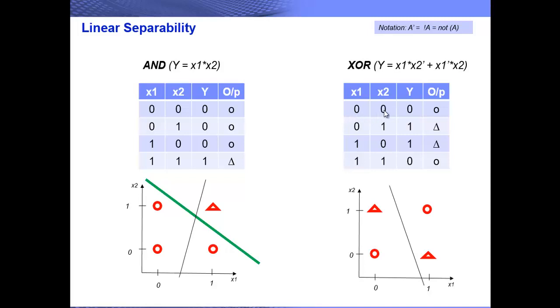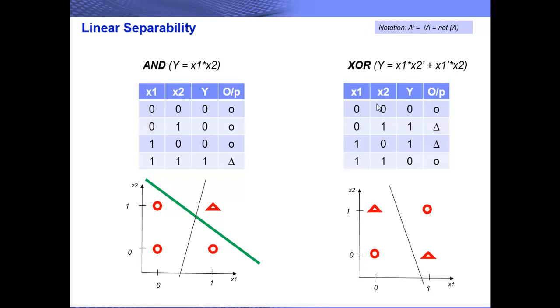So x1 is 0, so 0 into 1, because x2 is 0 so x2 bar will be 1. So 0 into 1 is 0, plus x1 bar x2. What is x1 bar? x1 is 0, so x1 bar is 1, and x2 is also 0, so 1 into 0 is going to be 0, so 0 plus 0 will be 0, so output is 0.